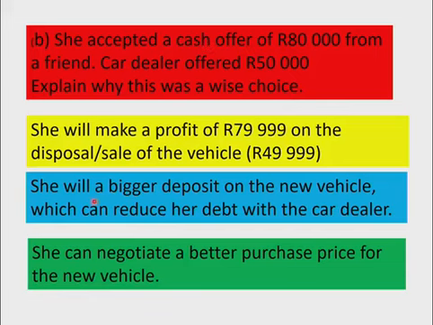She's got a bigger deposit, which is obviously the 80,000 instead of the 50,000. And because she's got a bigger deposit, she can negotiate a better purchase price for the new vehicle. Okay? So those are just a few of the reasons why she will accept the 80,000 instead of the 50,000.